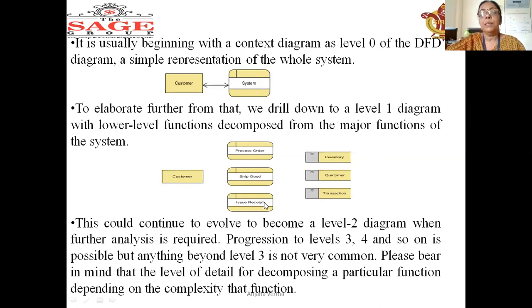When you decompose the process order further, categorizing clothing, shoes and other items, then it will be the second level diagram. Further exploration for third and fourth level can be done. The decomposition in more and more detail will increase the level.